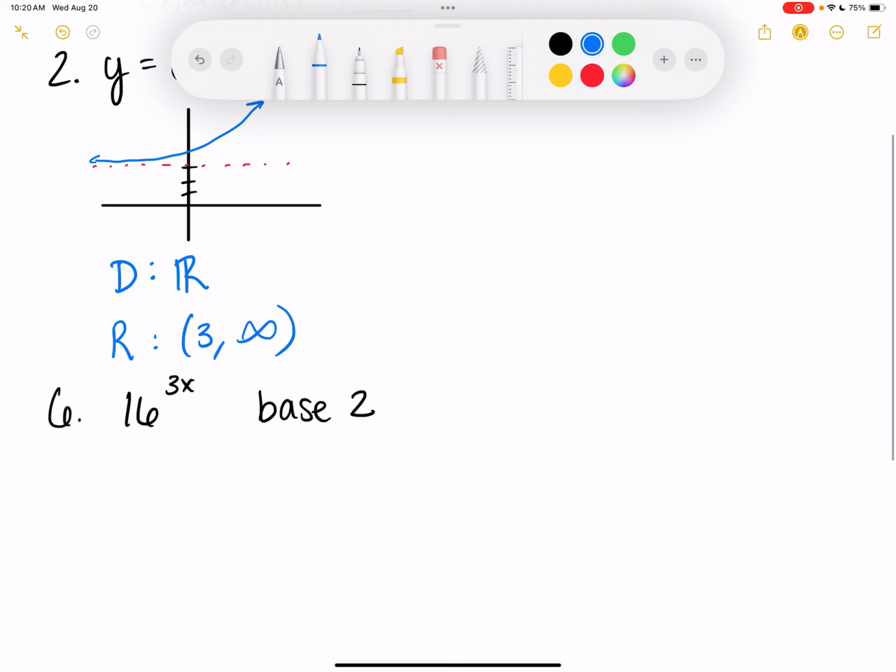So I usually will rewrite this as 2 to what power is 16? 4. Yep, so 2 to the 4th, and then I'll raise it to the 3x. So then we end up with 2 to the 12x for that.